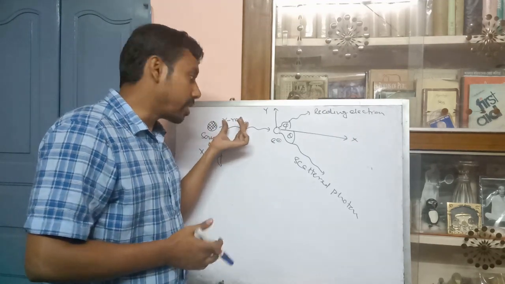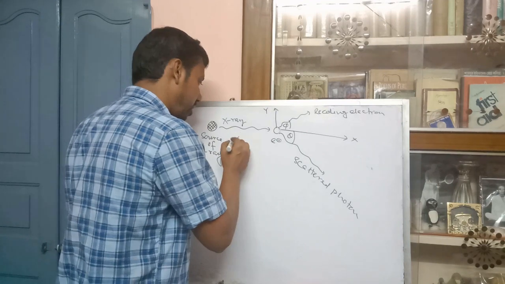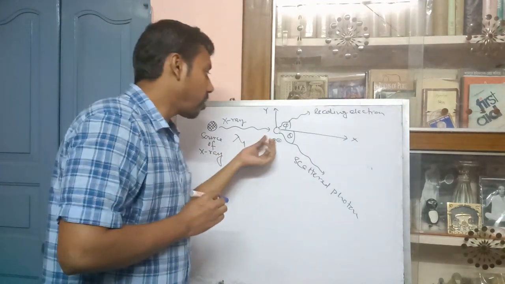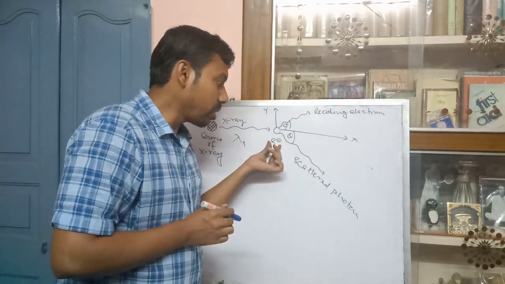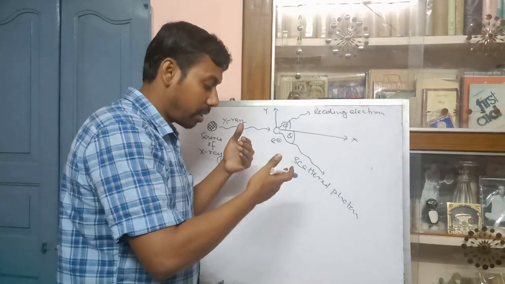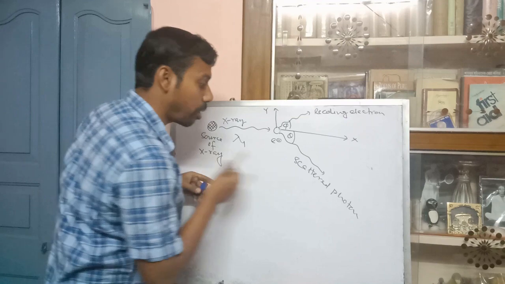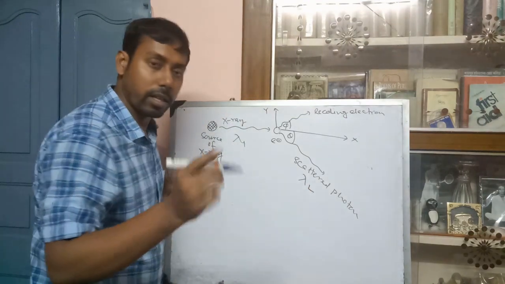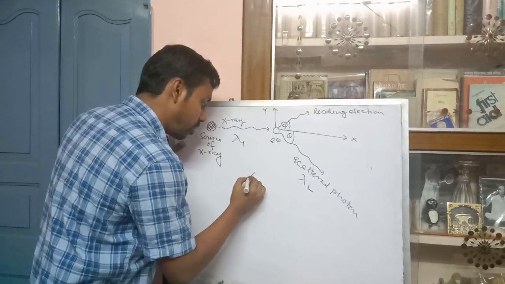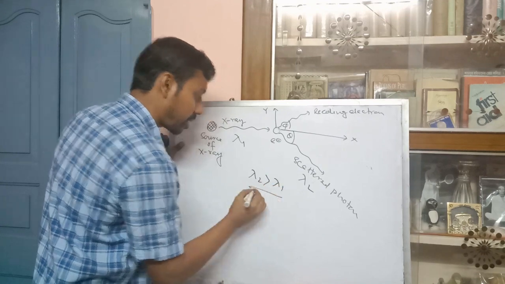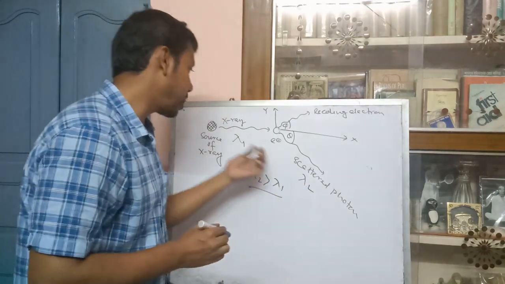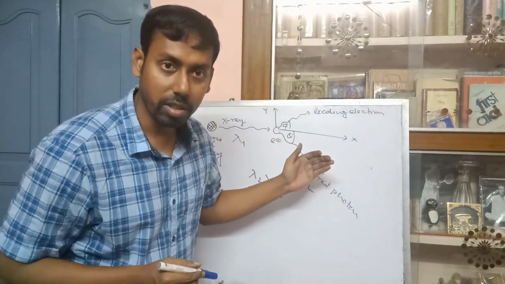When high energetic radiation having wavelength lambda 1 falls on an electron, after colliding with the electron it is scattered with a different wavelength, suppose lambda 2. And they saw that lambda 2 is greater than lambda 1, that is, the wavelength of the scattered photon is greater than the wavelength of the incident photon.